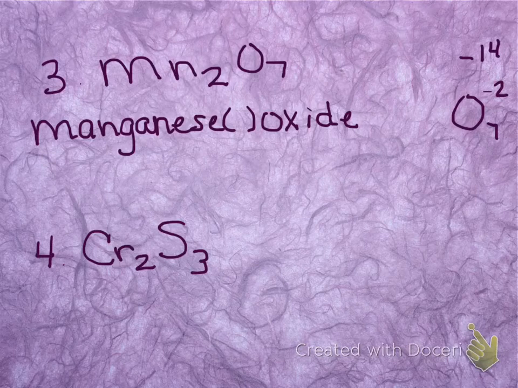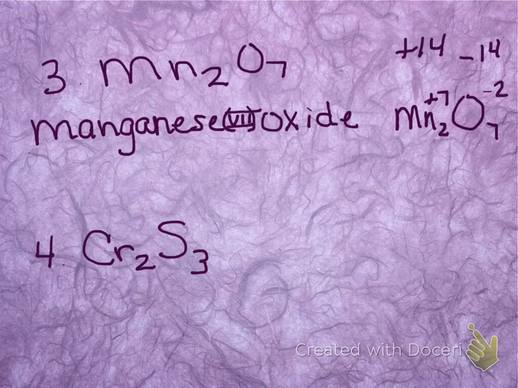That's -14. Manganese, we have 2 of them, so those 2 manganese have to add up to +14. What does the charge have to be on 2 manganese? 2 times what is +14? The charge is going to be 7. Alright, so we're going to write that like this, a Roman numeral 7 in that parentheses.